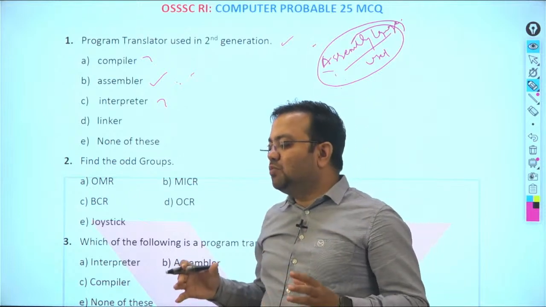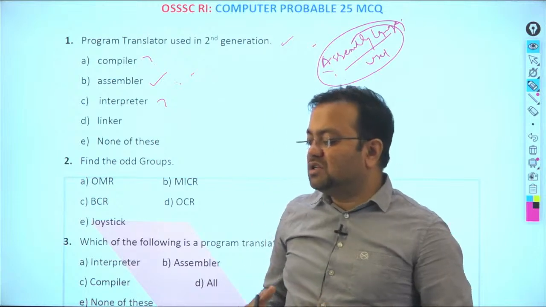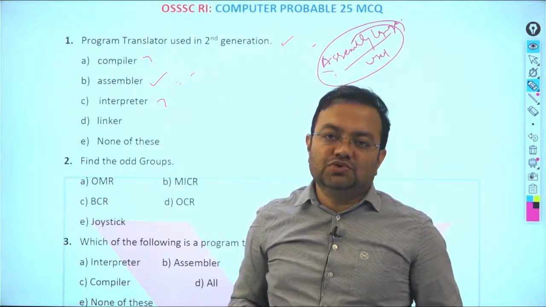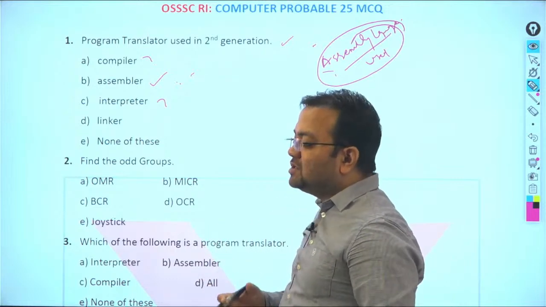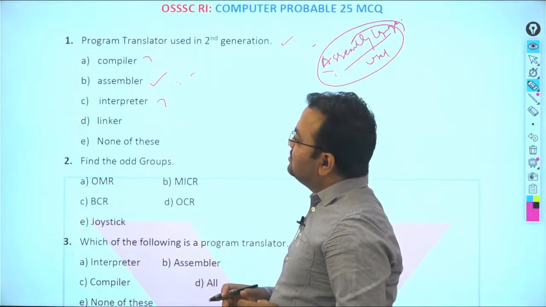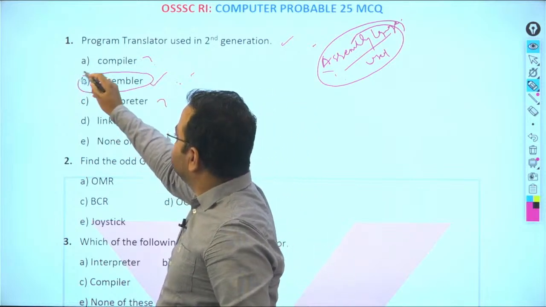So many high level programming languages were used, and to translate them into binary form, the program translators used are known as compiler and interpreter. But for assembly language programming instructions, the translator which is used is known as assembler. So for question number 1, the option is B.